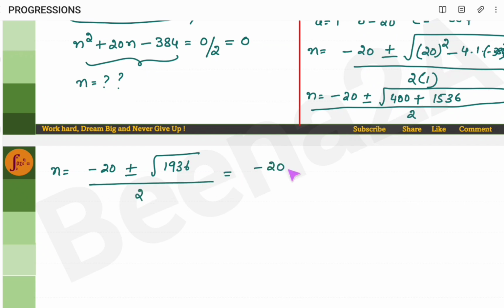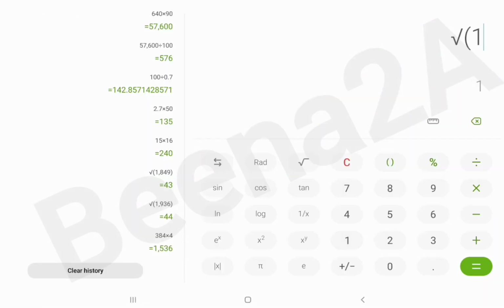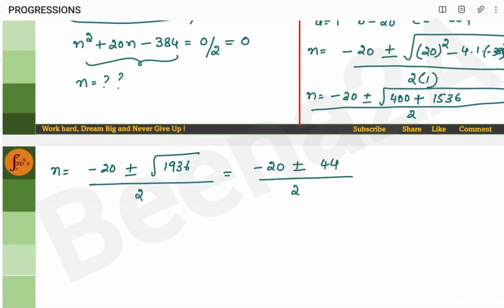This is going to be minus 20 plus or minus, what is the square root of 1936? The square root of 1936 is 44, by 2. Now you will have to split this. You have plus and minus here. Minus 20 plus 44 by 2 and minus 20 minus 44 by 2.